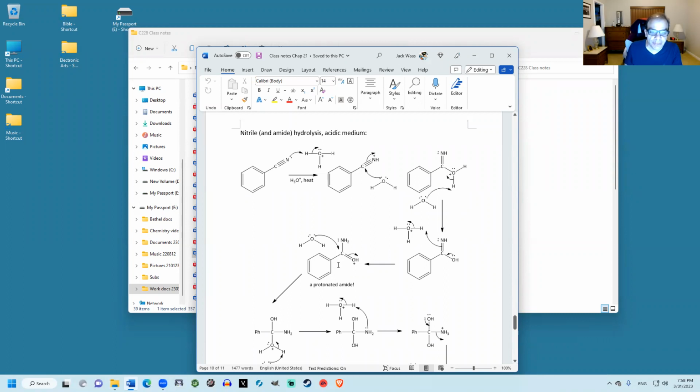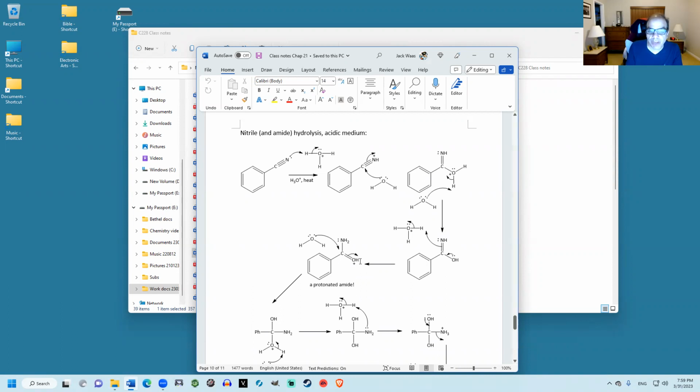And that gives us this, which lo and behold is a protonated amide. If that H were not there, it would be an amide. And if you added an amide to H3O+, the first step is putting this proton on. So this way, by learning nitrile hydrolysis, you learn amide hydrolysis for free at the same time.